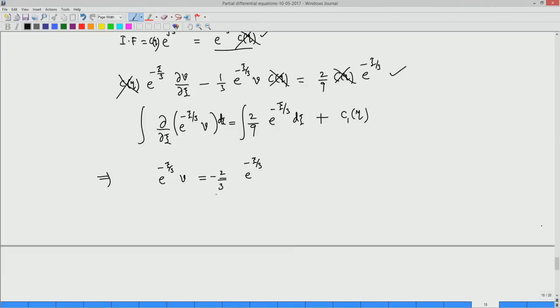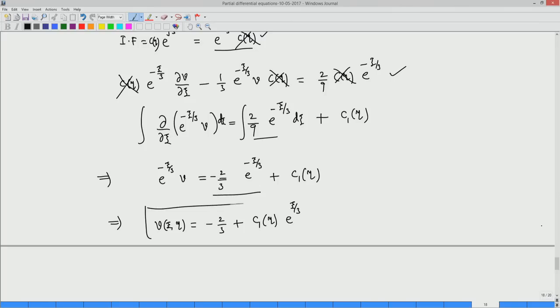If you differentiate this, you will get this integrand. So, this is plus C1 of eta. This implies v of xi and eta is actually minus 2 by 3, plus C1 of eta, into e power xi by 3. So, this is what I found as v.